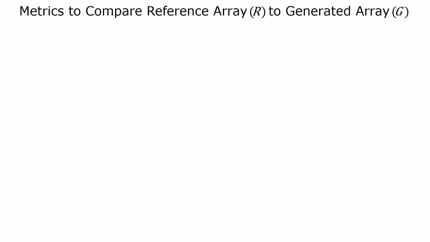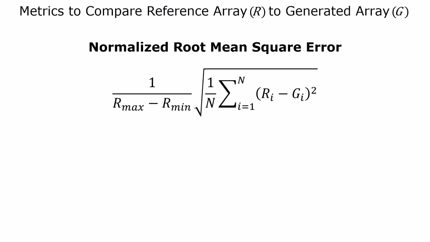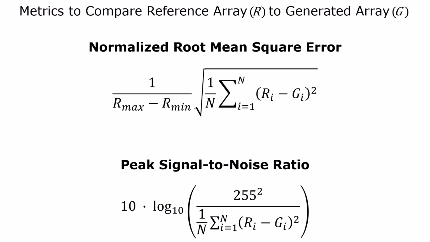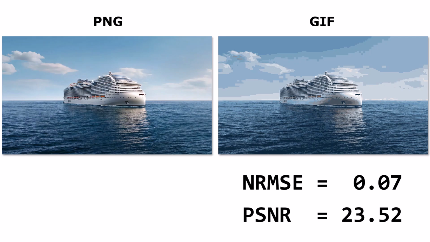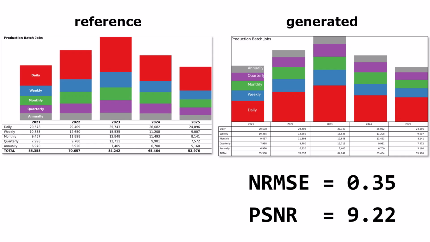I used 2 metrics to compare image arrays. With the first one, lower values indicate less variance, and with the second, higher values signify lower distortion. So just like how we can compare a high-resolution original to a low-resolution copy with these 2 metrics, we can automatically compare a generated visual to our reference.